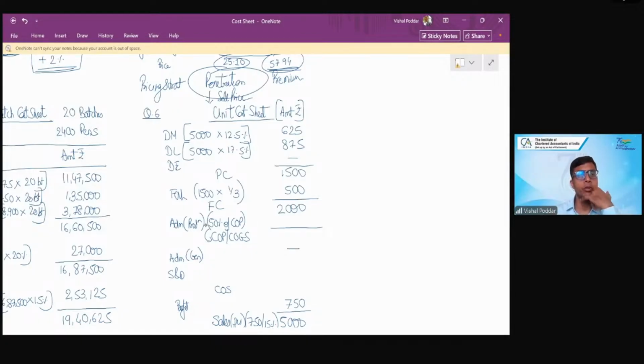It is 50% of cost of production. That is the next figure. Yes, Nandakishore. Correct. Give me the value. How much would be my administration overheads? It is given 50% of the next value.